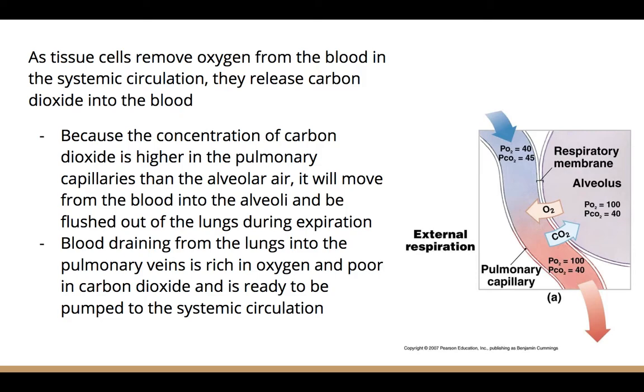Blood draining from the lungs into the pulmonary veins is rich in oxygen and poor in carbon dioxide and is ready to be pumped to the systemic circulation. So, oxygen going in, carbon dioxide going out.